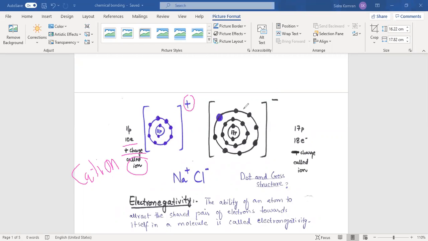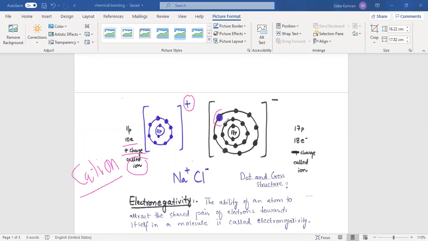What is a cation? Cation is the name of the positive ion. I am saying that by the loss of one electron, sodium contains a positive charge. So when any atom has a positive charge, it is called a cation. This chlorine atom takes that one electron.